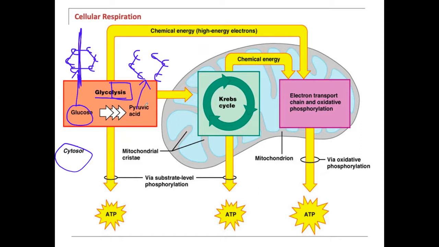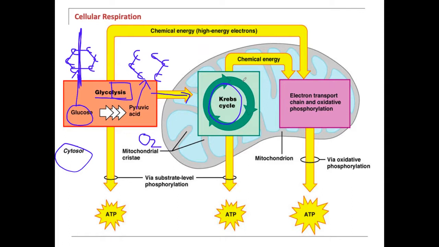Then pyruvic acid in the presence of oxygen. That's really important. This is aerobic. You need to have O2, or oxygen. That pyruvic acid enters the mitochondria. When it enters the mitochondria, it goes through the Krebs cycle where it makes some ATP. Not much, but it makes some.